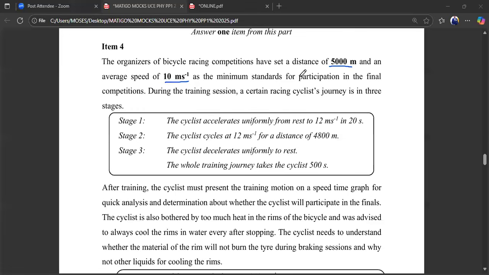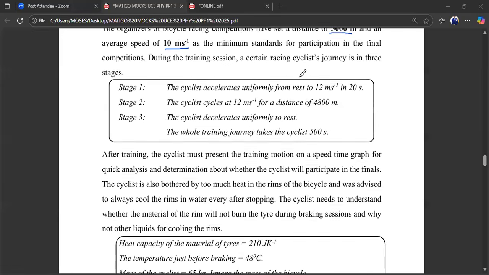In stage 1, the cyclist accelerates uniformly from rest to 12 meters per second in 20 seconds. Stage 2, the cyclist cycles at 12 meters per second for a distance of 4,800 meters. And stage 3, the cyclist decelerates uniformly to rest. Then lastly, the whole training journey takes the cyclist 500 seconds. Now we come to our task.